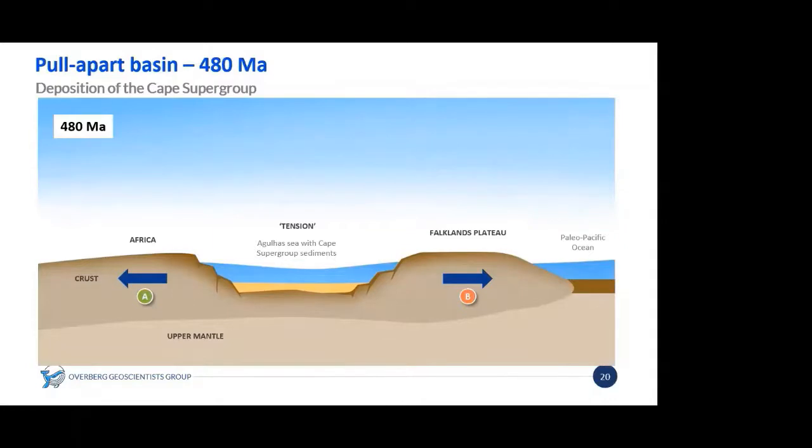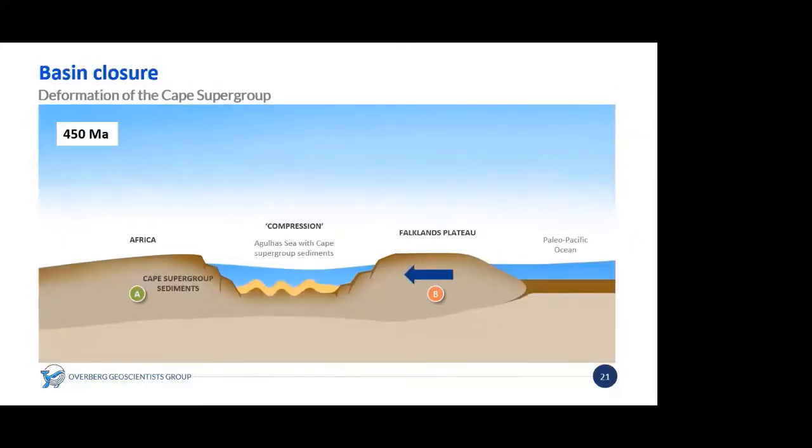When South America docked, it would probably have formed a lot of the mountains in the Malmesbury Group, but these have been planed off and we're now forming the basement there. Then, reverse of the movement, the Falklands Plateau started to come back due to probably some subduction down here. And this started to fold the Cape sediments.